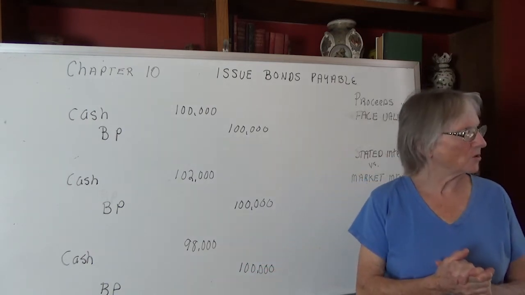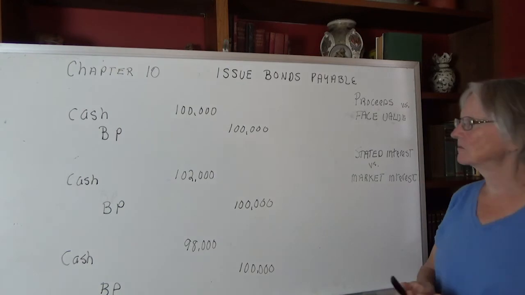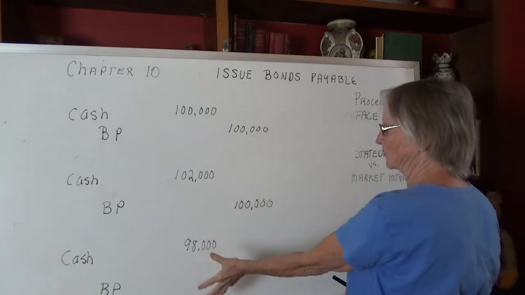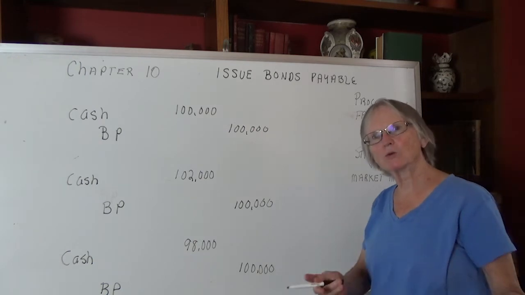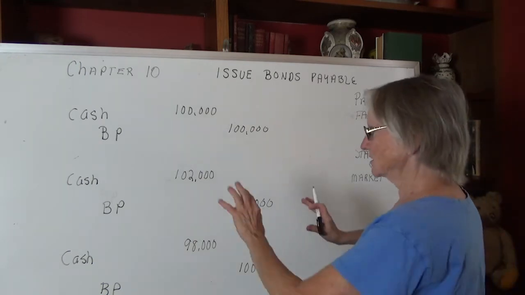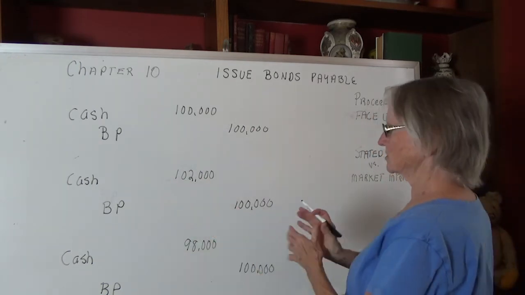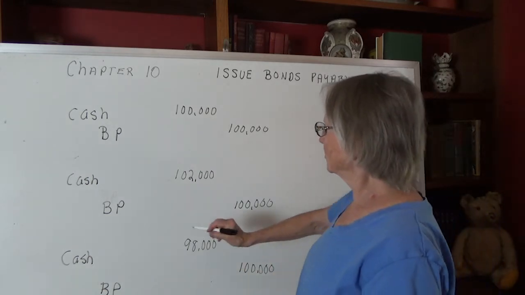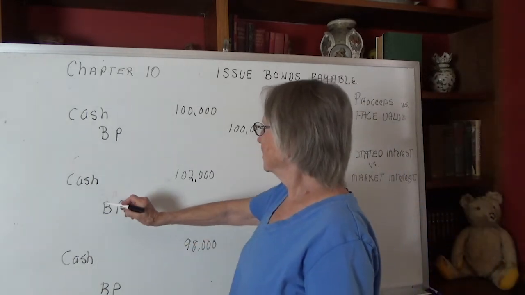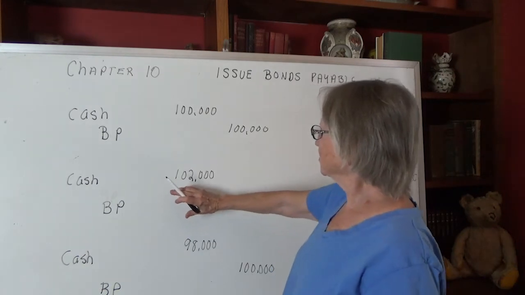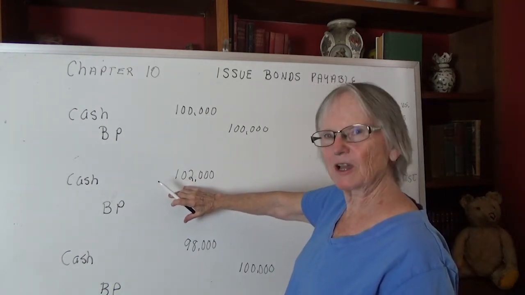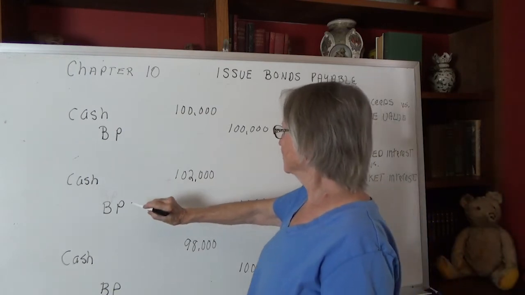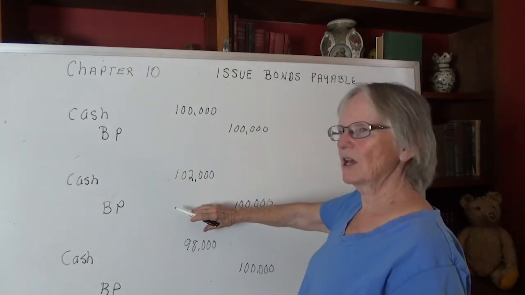All right, so we know that these journal entries, number 1, number 2, and 3 here, just won't fly because our debits always have to equal our credits. So we've got to somehow balance these out. When we're issuing the bond and we get more than the face value of the bond, we say that these bonds were issued at a premium.